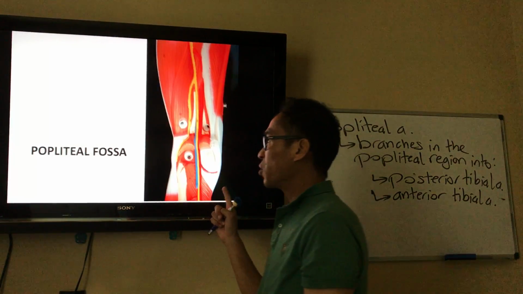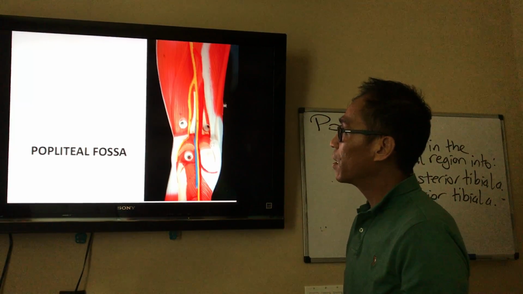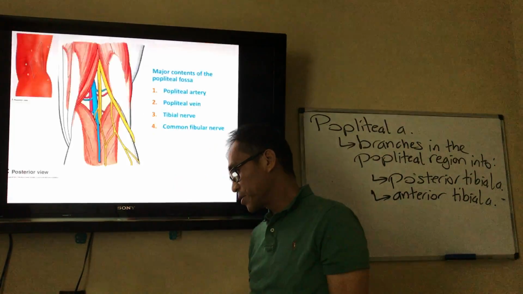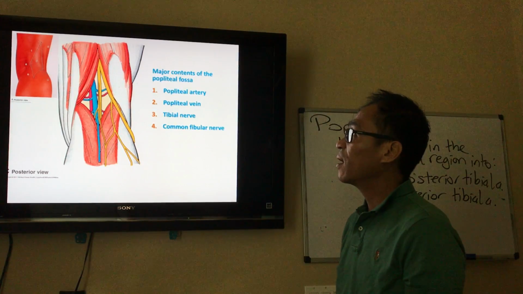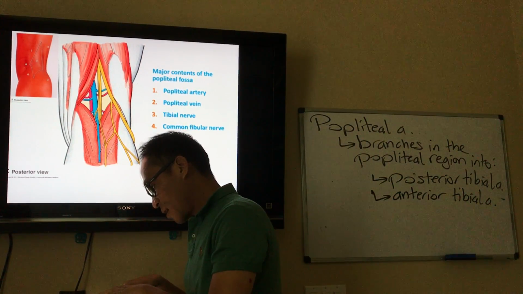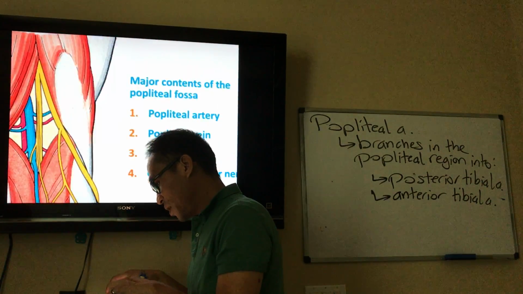Here's a picture of a model showing you the popliteal fossa, and you can see the major artery back there. Here's a simple sketch. We can see that the popliteal fossa is a diamond-shaped region.